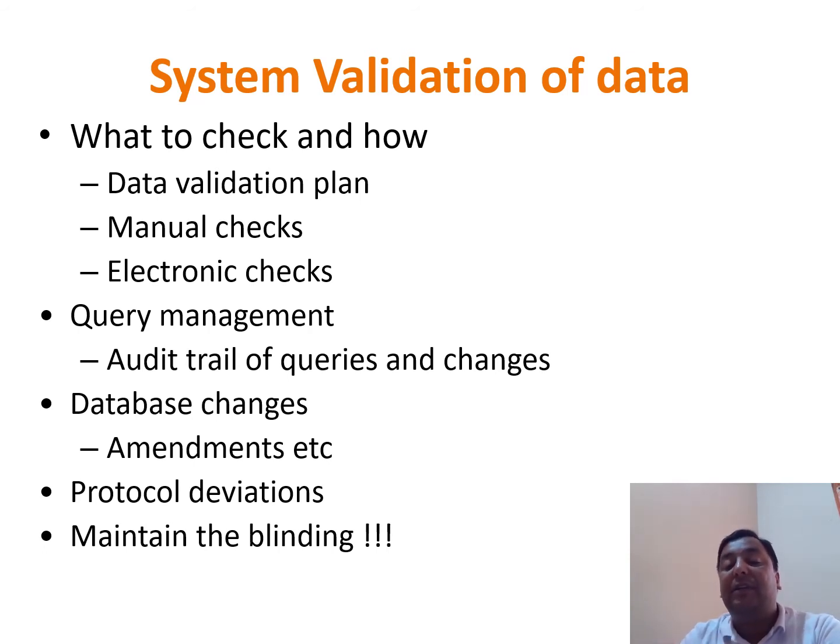Protocol deviations, if any, need to be handled according to the defined protocols for entertaining any queries, which we have already discussed before. And of course we have to assure that blinding is maintained.